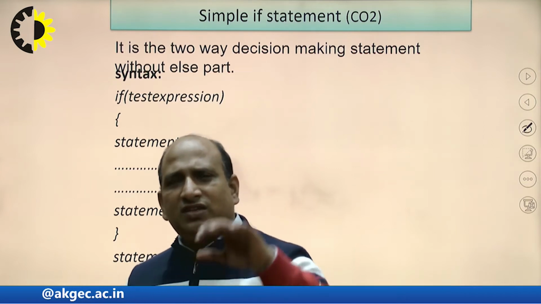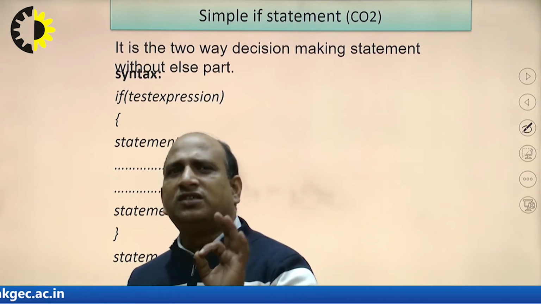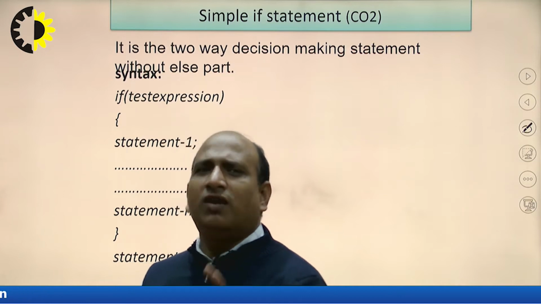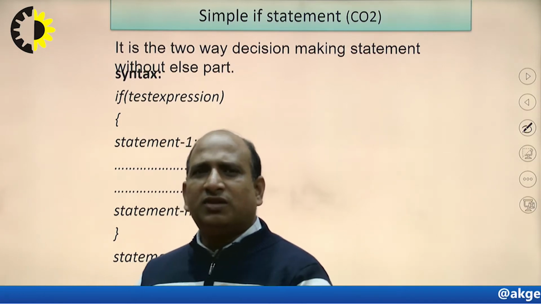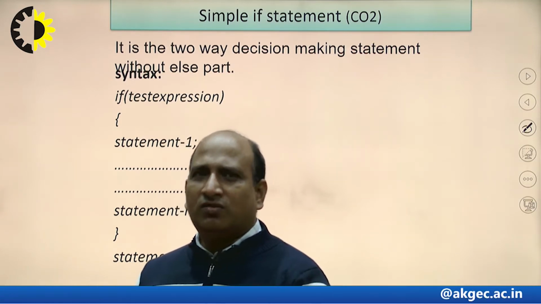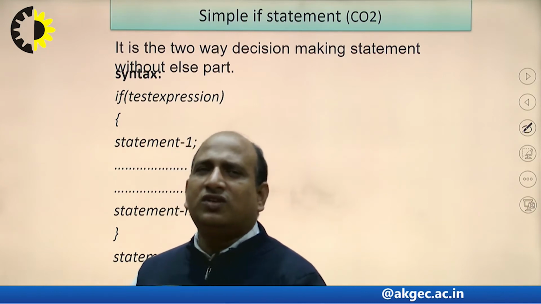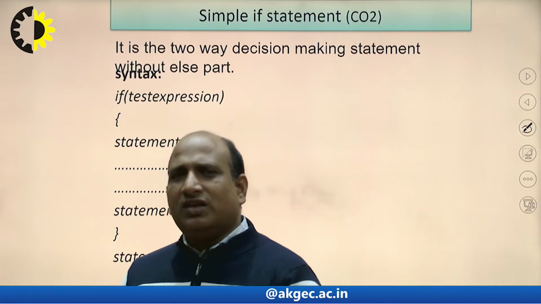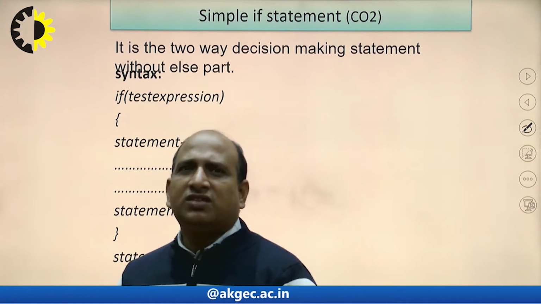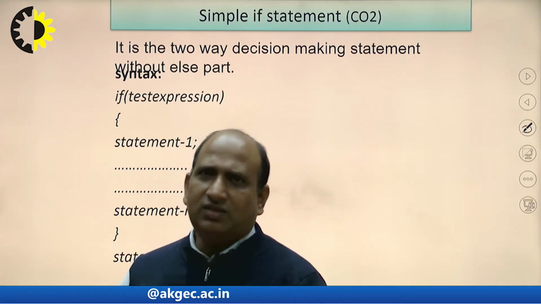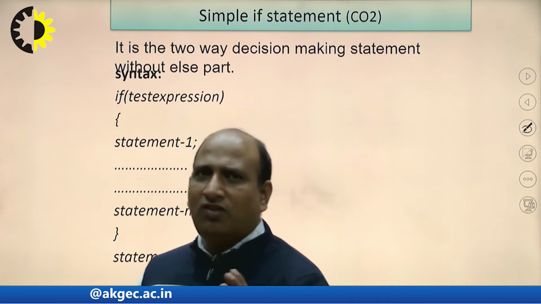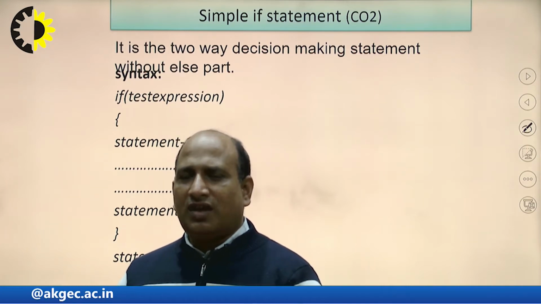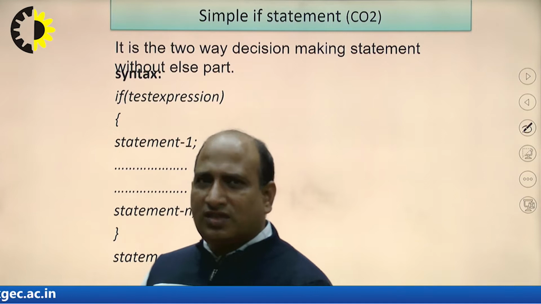If the test expression condition is false, then statements 1 to n will not execute. So when we want to execute a particular set of statements when a particular condition is true, the if statement is used, and we will follow this syntax to write the code in C language.